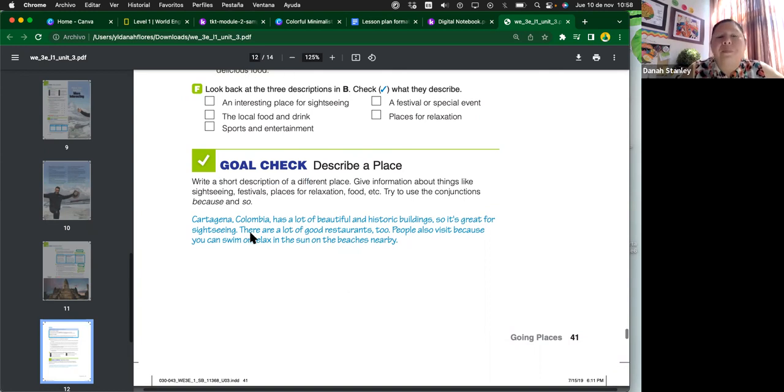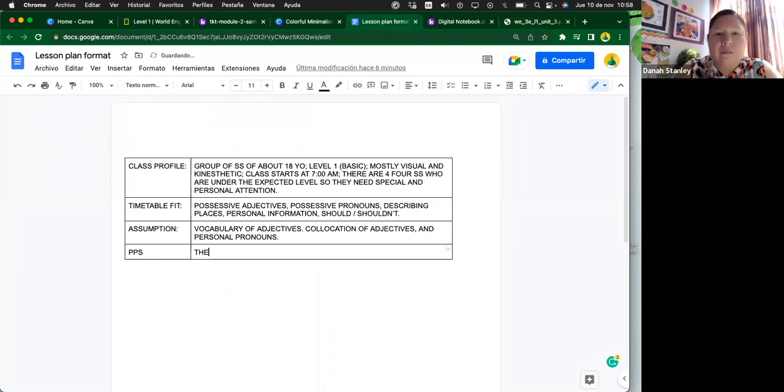What in this specific case, they may struggle when describing places.